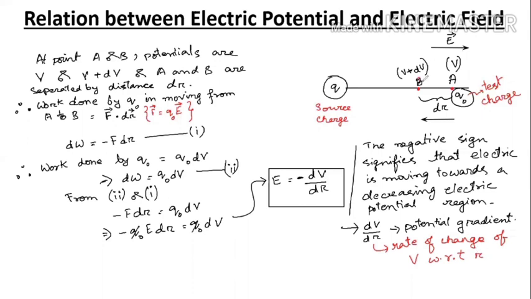So if you see this diagram, the more you move away from your source charge, the more the potential value changes. And potential value is a function of the distance. So this is what dV by dr is telling me, where r is my independent quantity and V is dependent, depending on the distance r.